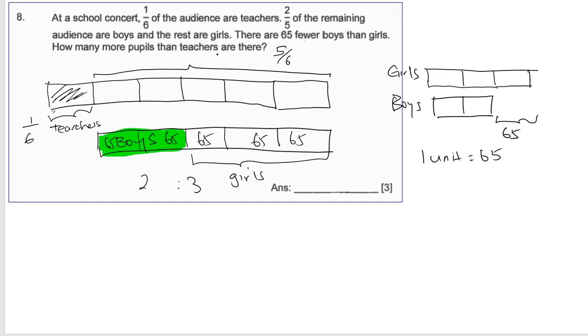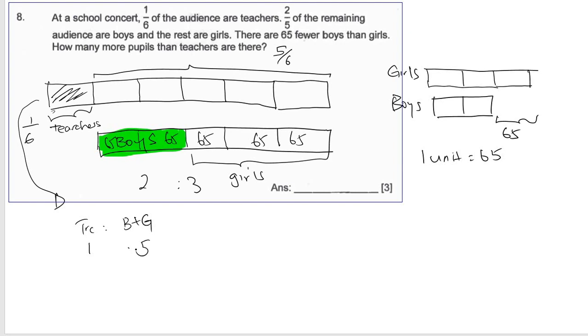Okay, so you also know clearly that the portion of, to make it less complicated, this one I can also draw as a ratio. Teacher is 1, then boys plus girls is how many? 1, 2, 3, 4, 5.